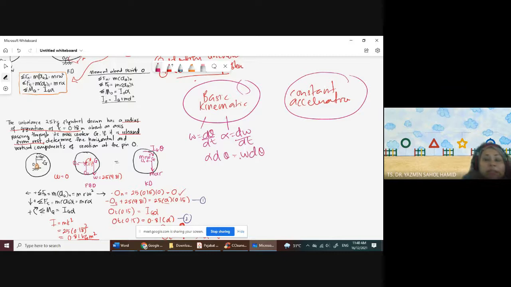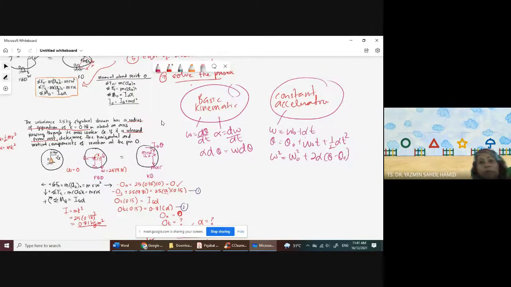And then constant acceleration, you ingat lah ada 3 kan? Omega equals omega naught plus alpha t. Theta minus theta naught equals omega naught t plus 1 over 2 alpha t squared. And last, omega squared equals omega naught squared plus 2 alpha (theta minus theta naught). Okay, so just need you to be alert.